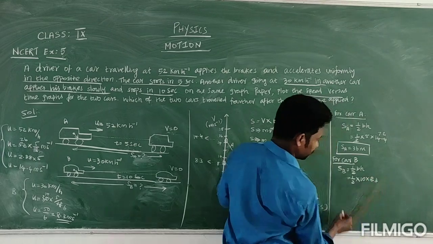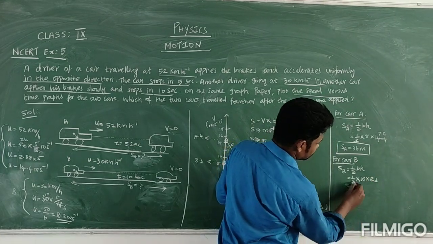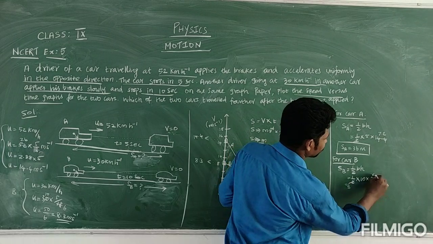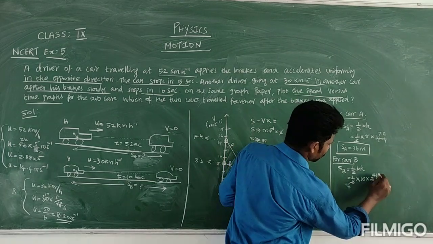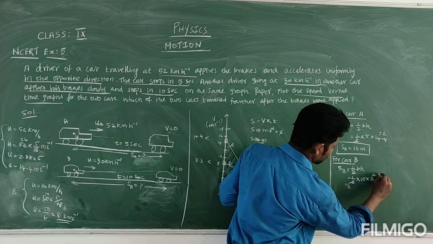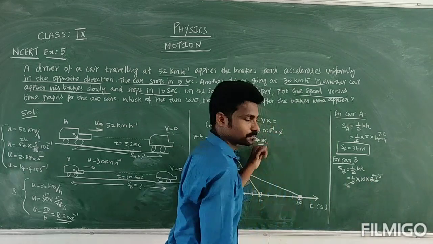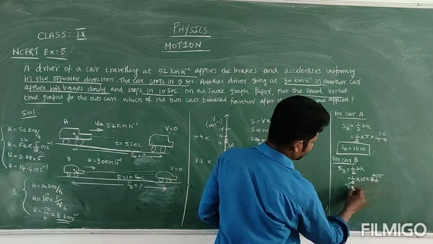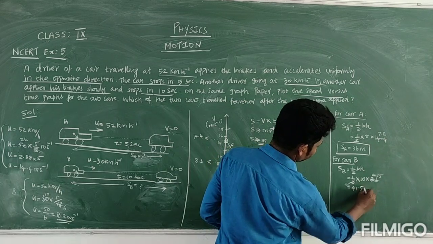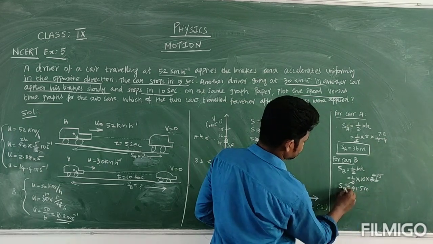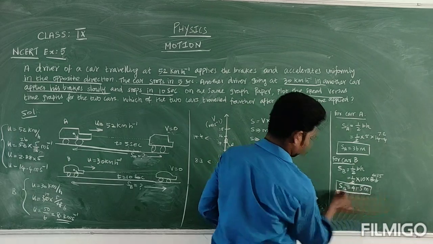Half of 8.3 is 4.15, sorry, 4.15. So 10 into 4.15 is 41.5 meter. This is the distance travelled by car B.